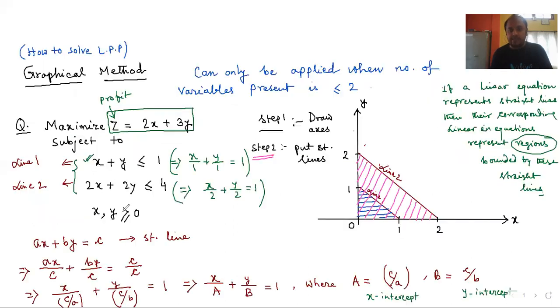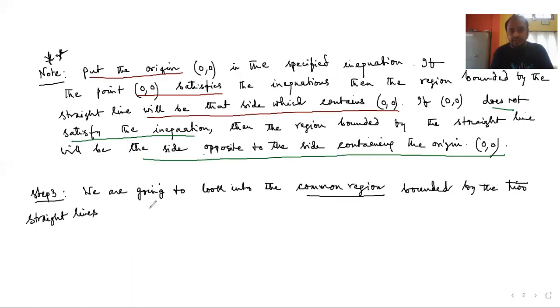According to the figure, I can say that this is the common region where the intersections of the blue color lined shades and the pink color shades had happened. And by looking into the common region, we mark the corner points of this common region.